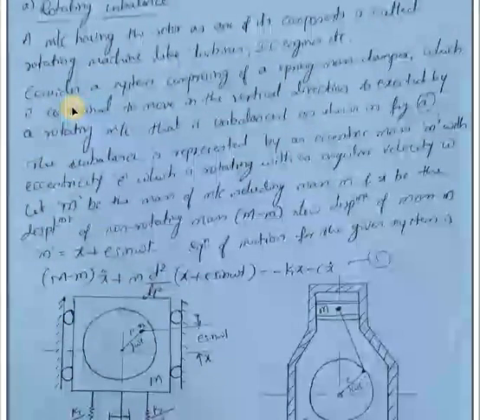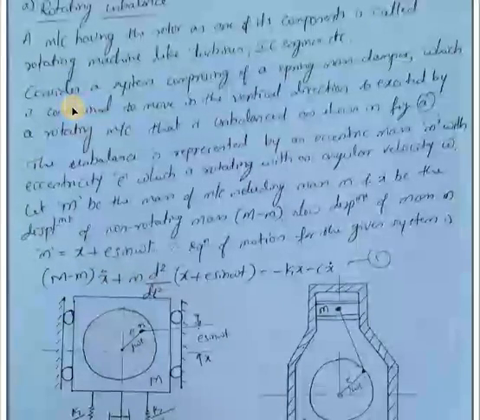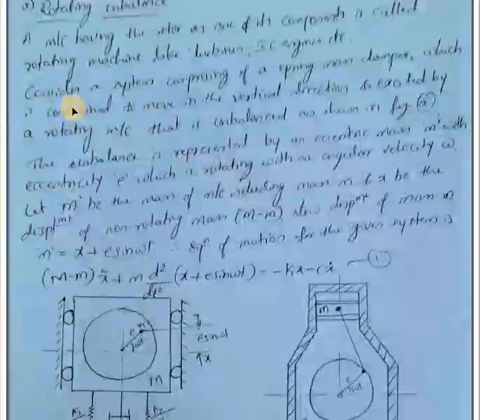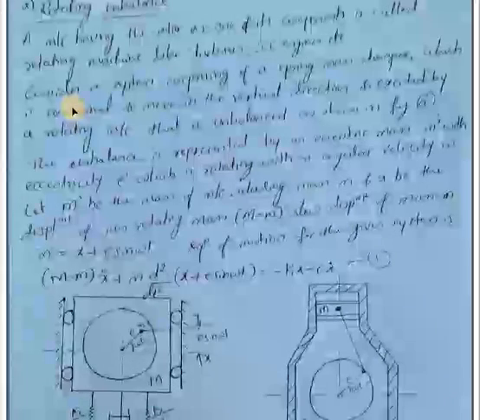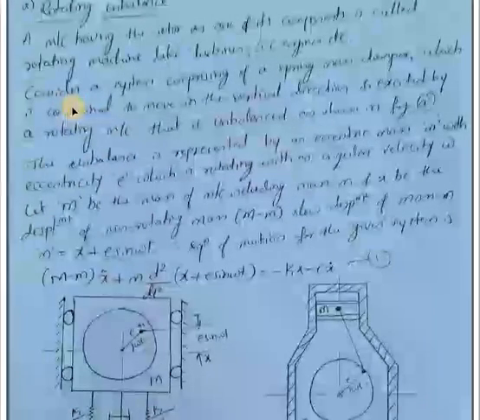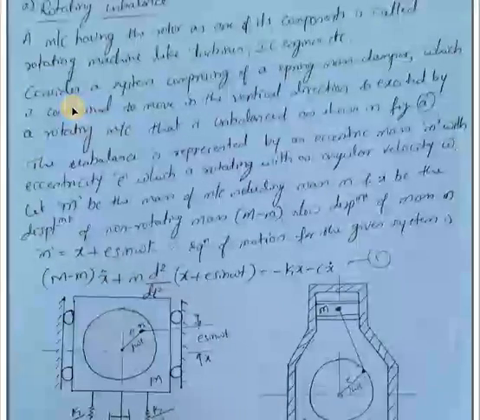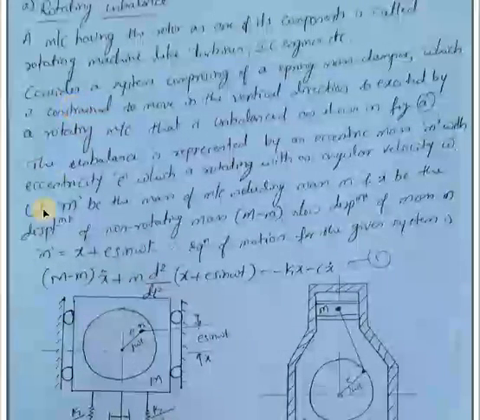The unbalance occurs when the center of gravity, that is CG, of the rotor does not coincide with the axis of rotation. So let us consider a system comprising a spring mass damper, which moves in the vertical direction and is excited by a rotating machine in the unbalanced condition. It is shown in this figure here.